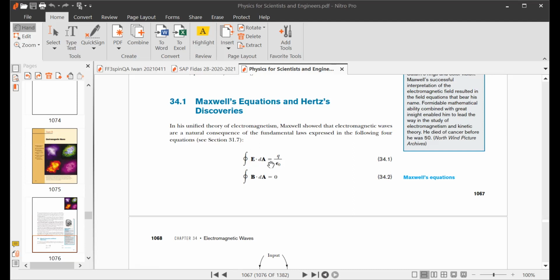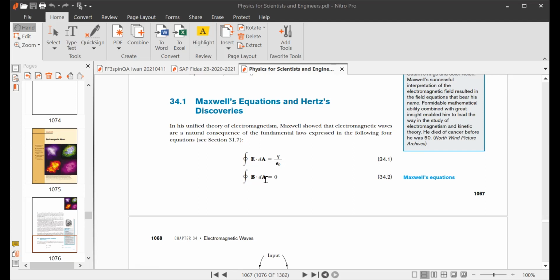Okay, so the first one implies that we have electric monopole, while the minimum object of the magnetic from the distribution of the magnetic field in the volume is dipole. There is no magnetic monopole.